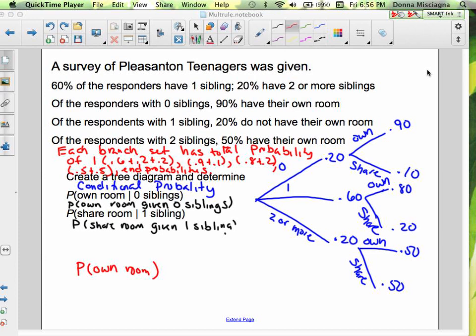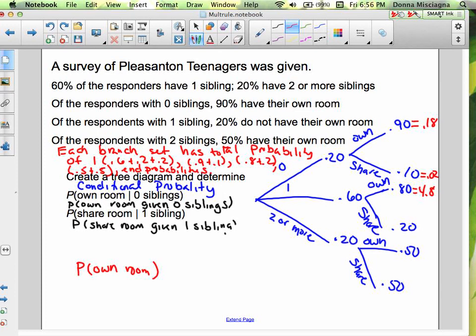So 0.2 times 0.9 is going to give us 0.18. 0.2 times 0.1 is 0.02. 0.6 times 0.8 is 0.48, excuse me, yeah, that would be an impossibility. 0.48. 0.6 times 0.2 is 0.12. 0.2 times 0.5 is 0.1, and 0.2 times 0.5, of course, again, is 0.1.